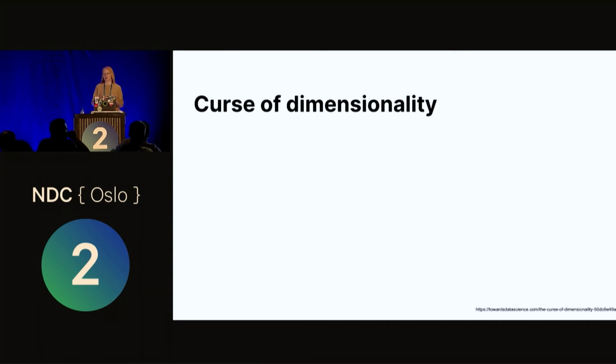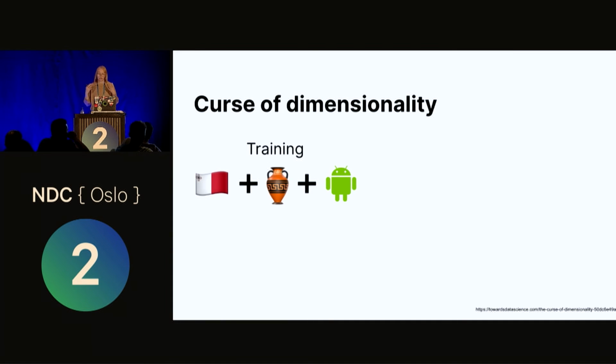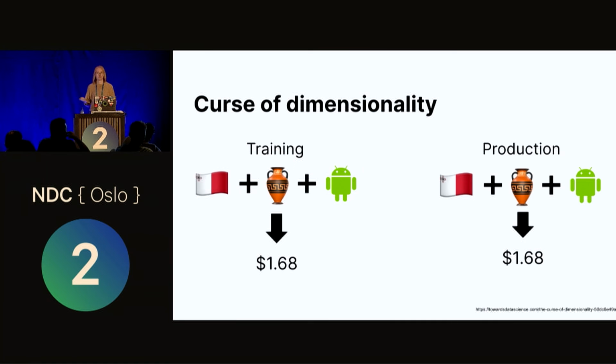So let's see what would happen with the example that we just talked about. The model will basically see that in our one training example, the auction sold for $1.68. So what the model learns is that next time it sees this combination of features, it's going to make this exact prediction. It's just going to regurgitate what it saw in the training data.